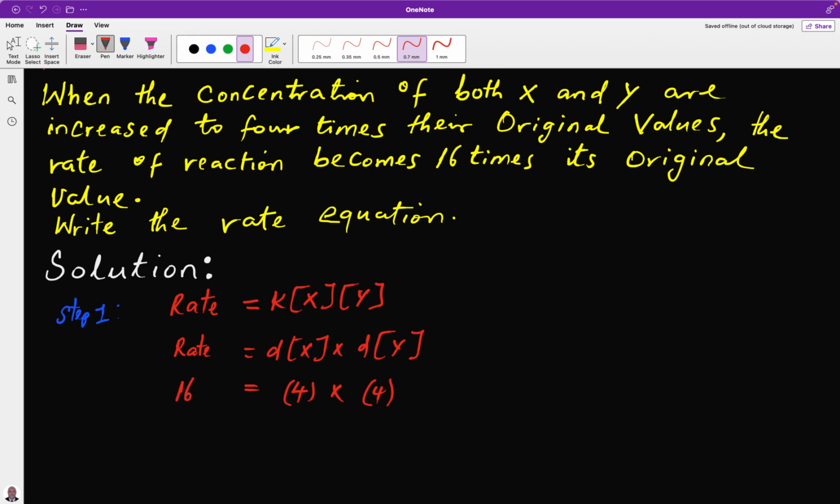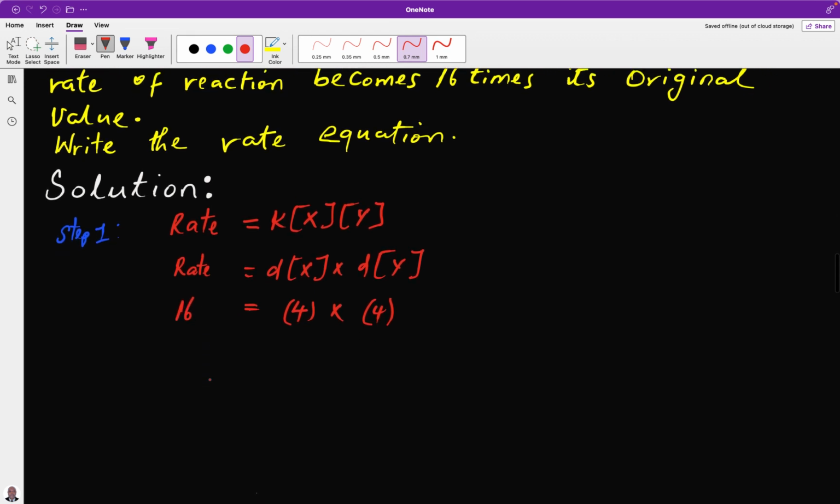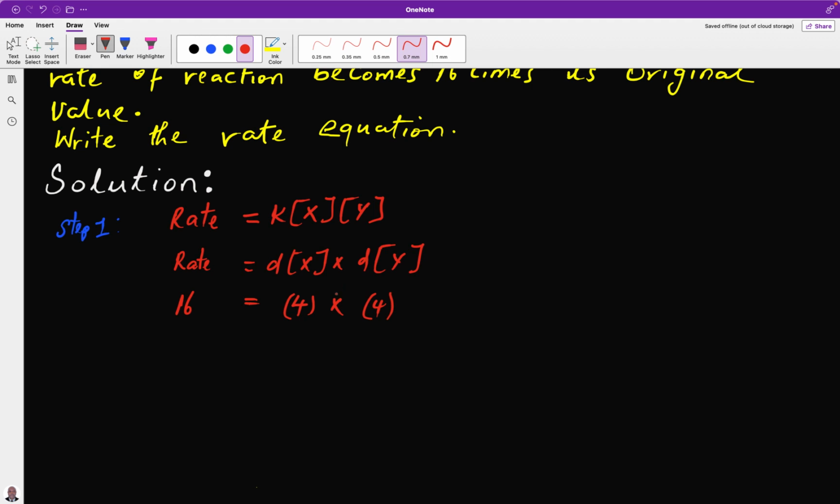Since our major thing is we want to look for the order of reaction, it will be 16.